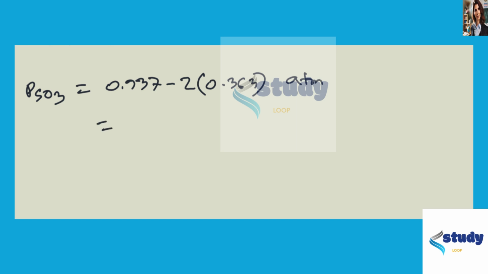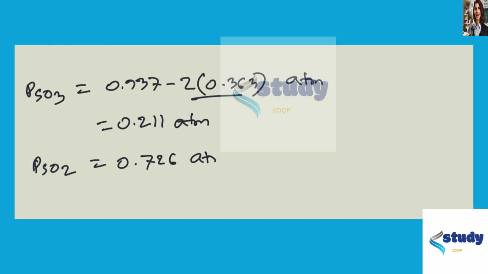It will give us a value of 0.211 atm. Similarly, we can calculate the PSO2 will be 2 times 0.363, which will be 0.726 atm, and PO2 will be just the value of x, which is 0.363 atm.